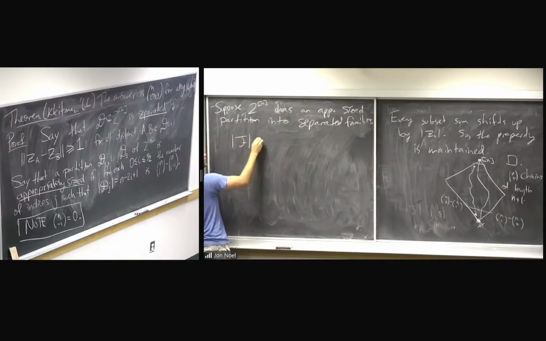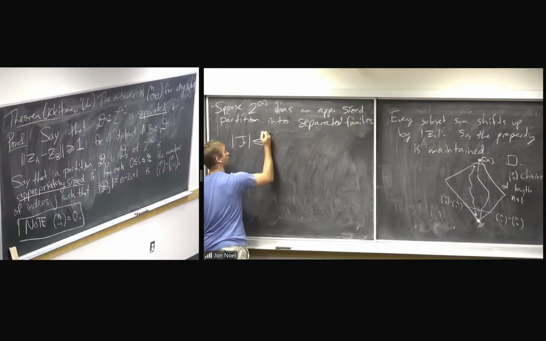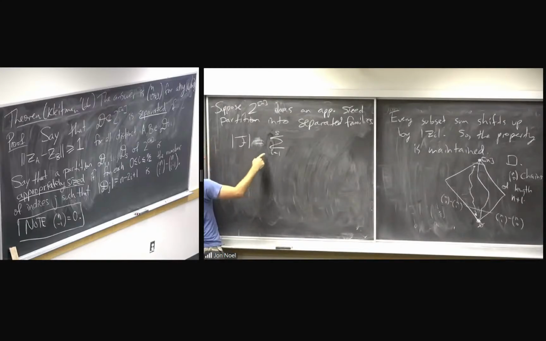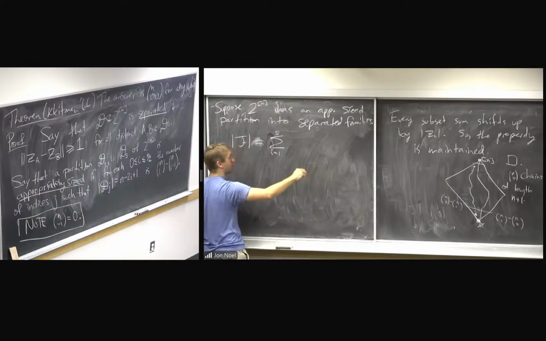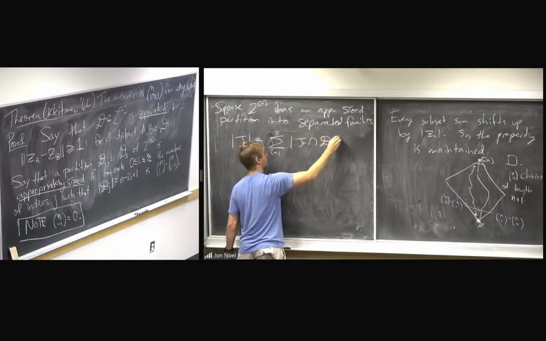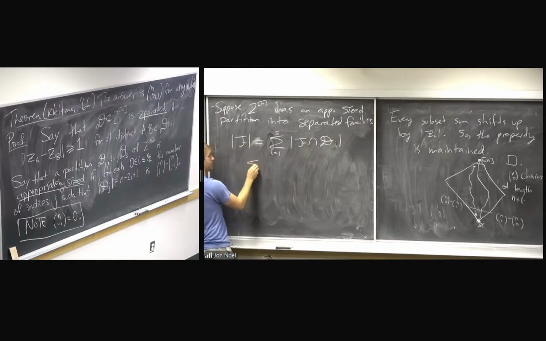So then I do my usual thing where I say the size of F, since this is a partition, is the same as the sum over i from 1 to s, where s is the number of families, of F intersect D_i, which is always at most 1.